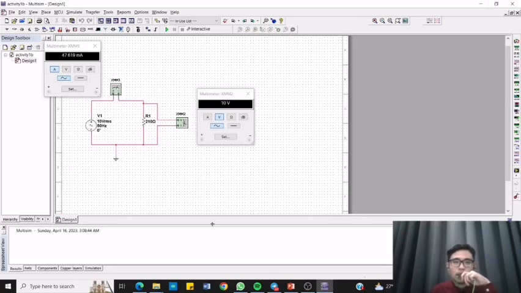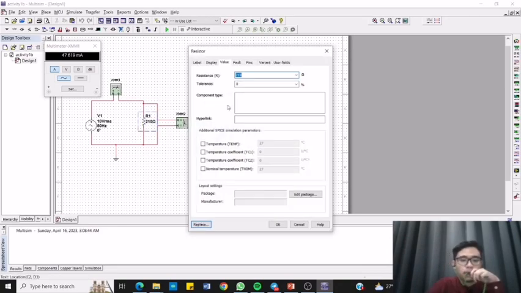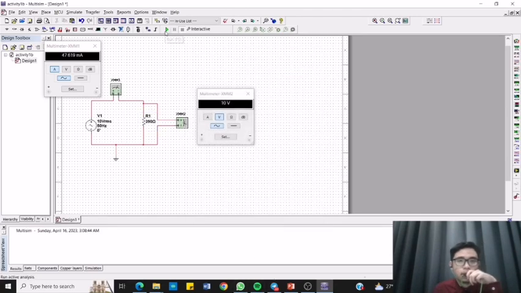Okay, firstly 210, and then the result is this, and then we must change the second load, which is 390. Okay, and then we run the simulation, and we get this result.